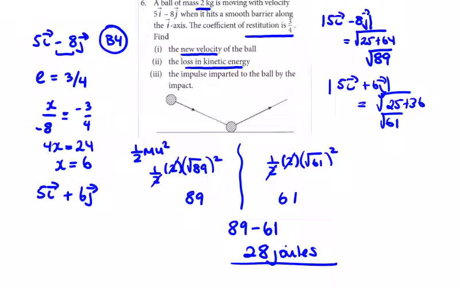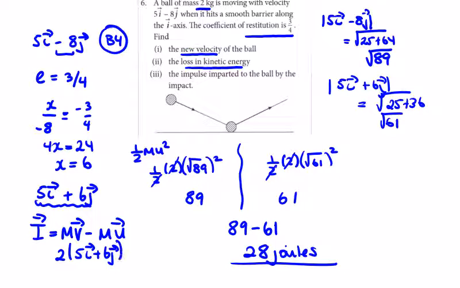And then the impulse imparted to the ball by the impact is equal to mv minus mu. m is 2, v is 5i plus 6j, minus 2 times 5i minus 8j from up above.